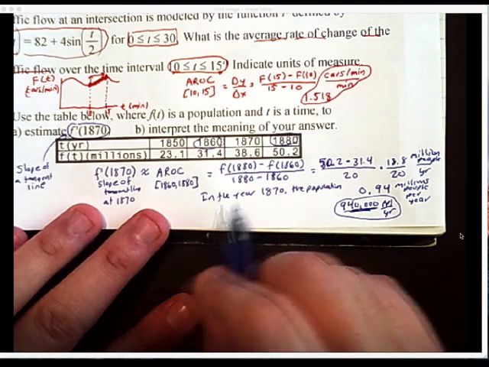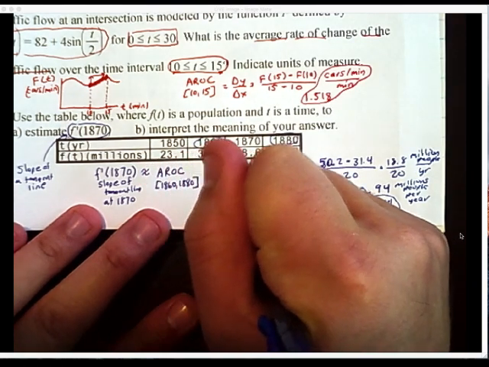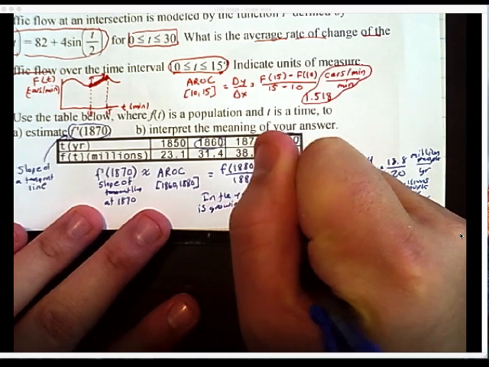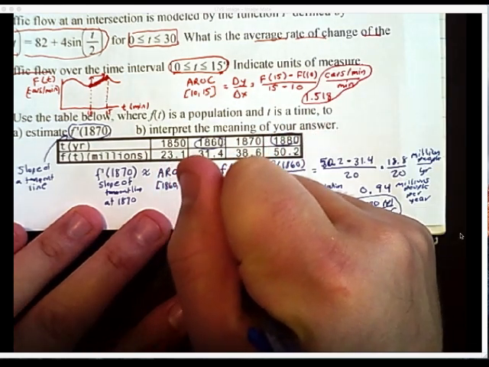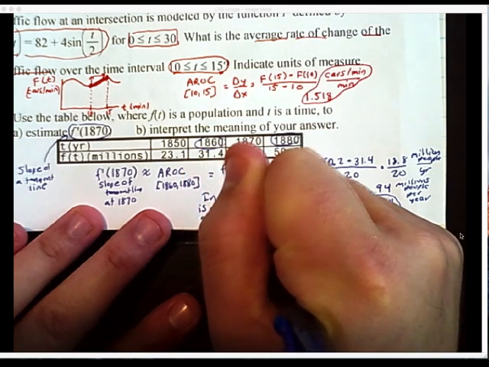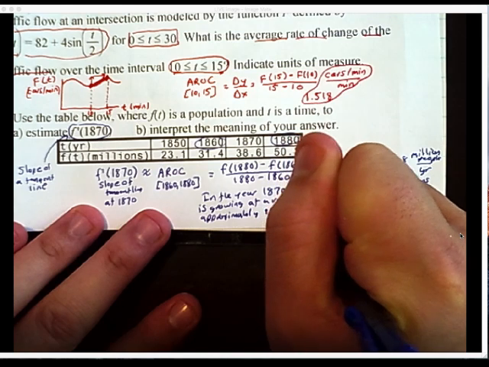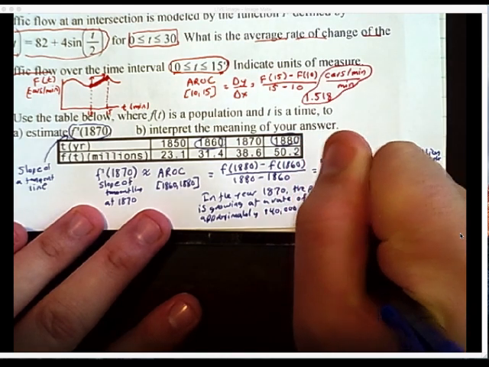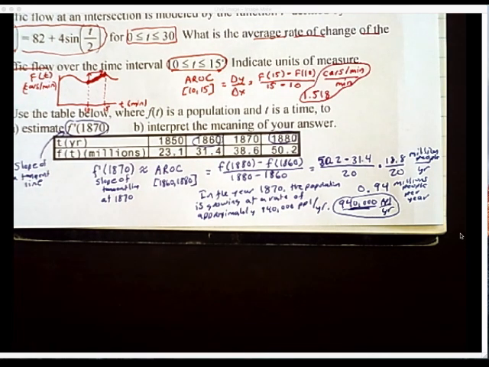So in the year 1870, the population is growing at a rate of approximately 940,000 people per year. So in that year, that's how the population was growing.